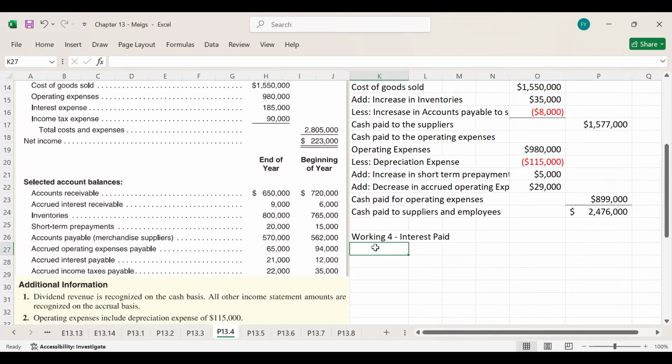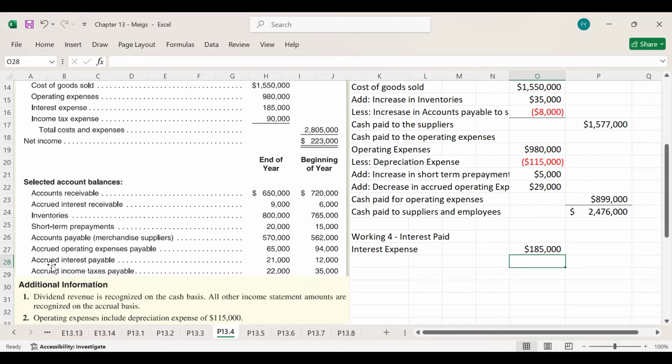So we start from interest expense, which is $185,000, and as it is mentioned here, all other income statement amounts are on the accrual basis. This means that we will have to adjust any increase or decrease in the interest payable.